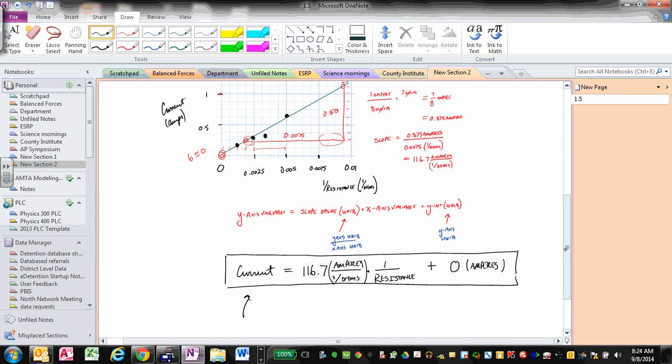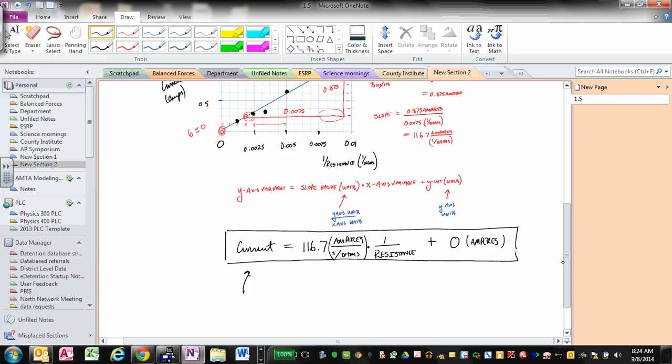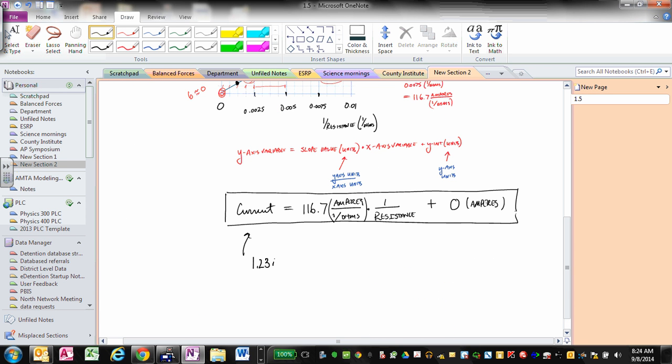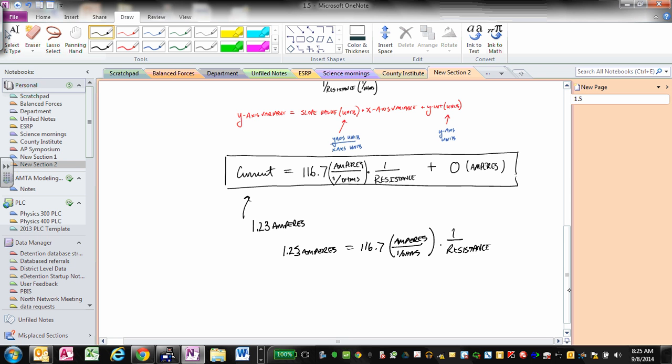So, for example, if the current were 1.23 amps, I could figure out what the resistance would have to be by solving this equation. 1.23, and just doing some algebra now to solve for resistance.